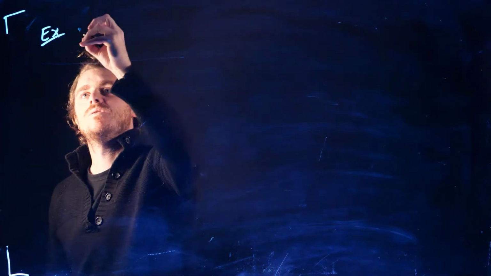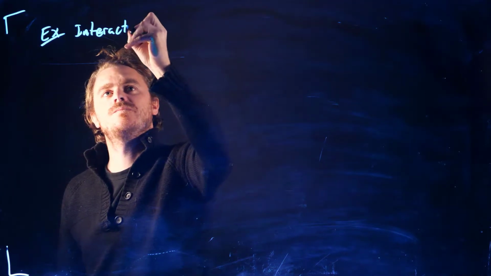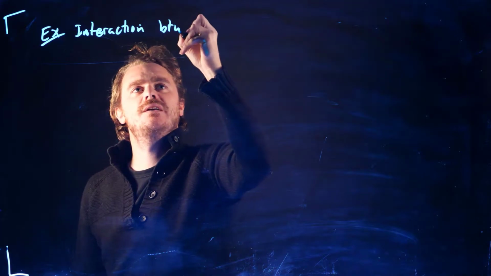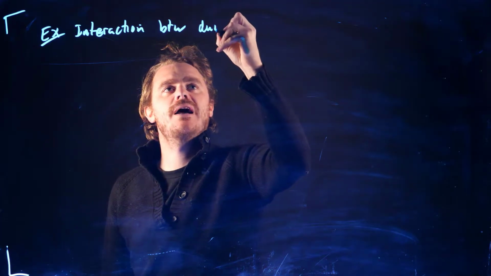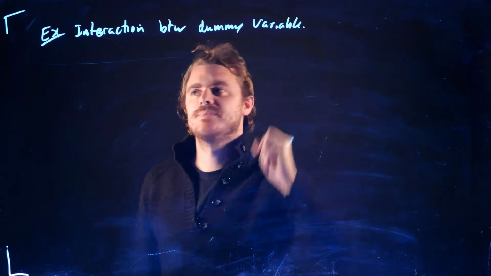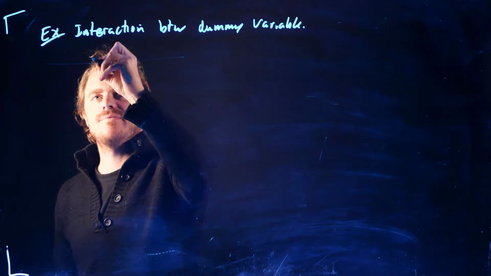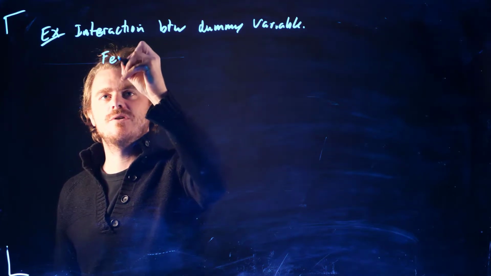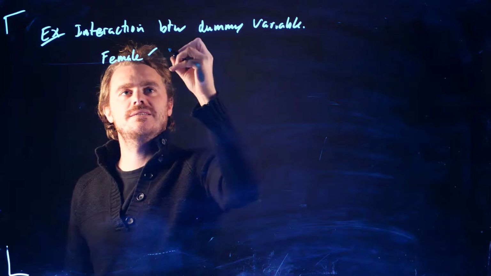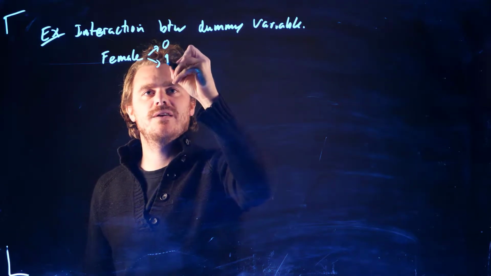So let's think about an example where there's an interaction between dummy variables or binary variables. So a dummy times a dummy, or a binary variable times a binary variable. Let's say our first binary variable is female, which equals 0 if they don't identify as female, and 1 if they do.